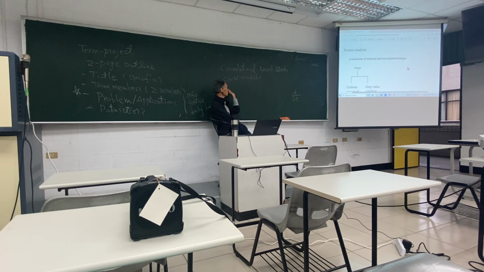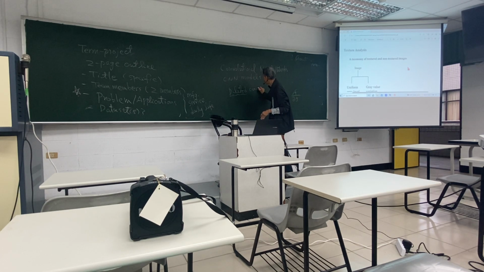But anyway, I will refresh and give you some of the ideas, and also the so-called dilated convolution. There are a lot of different versions of convolution, called dilated. You learned dilation, right?